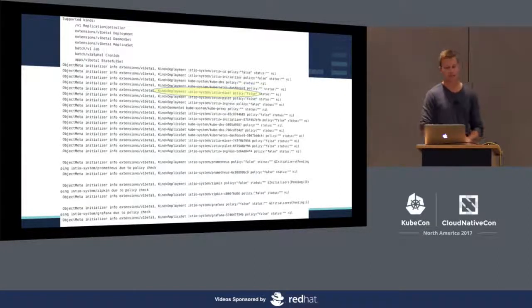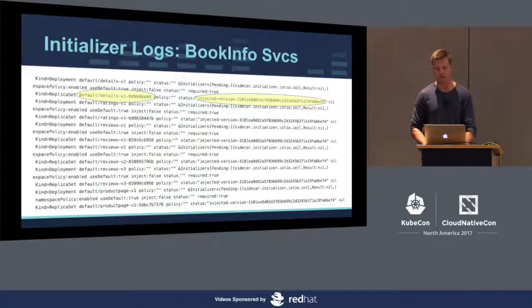Well, here's a kind deployment, but it says false, right? So what we do is we actually say within the deployment manifest, we can use annotations to say, hey, I don't want this deployment to be initialized with a sidecar proxy. But in this example, with my bookinfo services, you see that the sidecars are actually getting initialized.